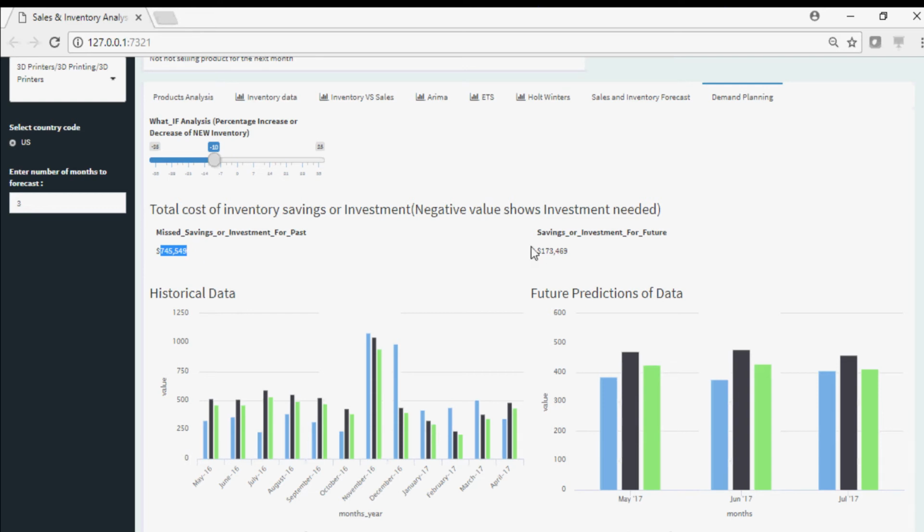But in future, I do have an opportunity to save $173,000, which is a good amount, if I decrease the inventory, and this is going to be my new inventory, which is 10% less than my predicted inventory. So still I'm going to meet my sales forecast.